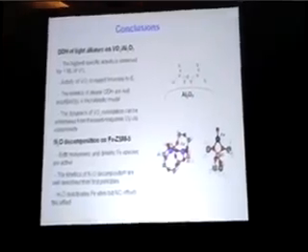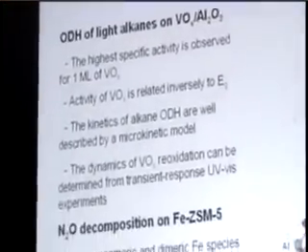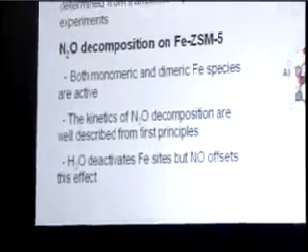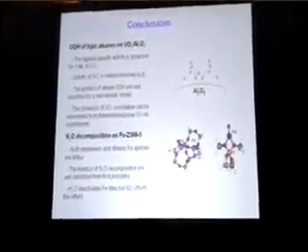So I've shown you many results, all relating to how one can take apart complex chemistries happening on catalyst surfaces using both experiment and theory. In the first example, relating to ODH, oxidative dehydrogenation of alkanes, we're showing you that the highest specific activity is observed near one monolayer, where you get these polyvanadates.